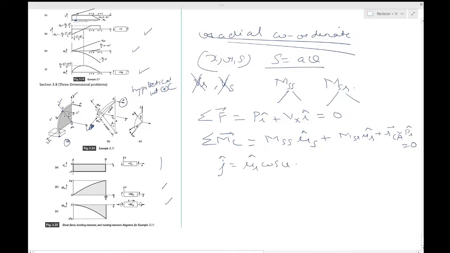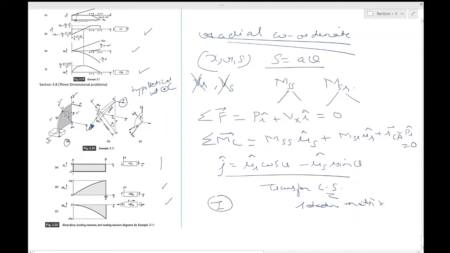This is something which you may have done last year in your mechanics course when you wanted to transform coordinate systems. There was a rotation matrix, and you may have done it for i, but you can do it for anything for that matter. And small things like this you can also do by geometry.